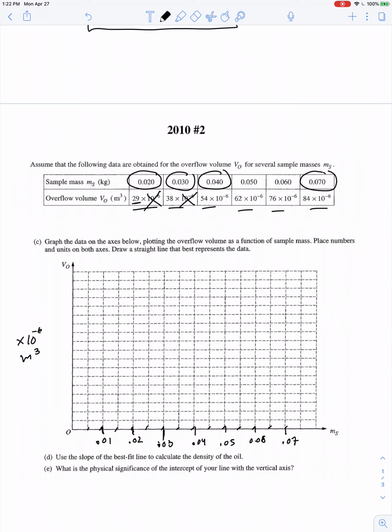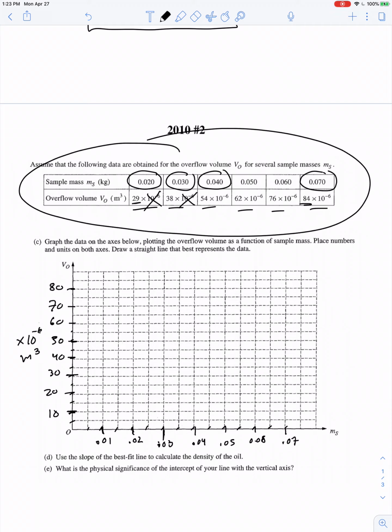We just need to go up to a maximum of 84. 1, 2, 3, 4, 5, 6, 7, 8, 9, 10. Okay, so again, let's let every 2 lines be worth 10. 10, 20, 30, 40, 50, 60, 70, 80. Yeah, get your own piece of graph paper and see if you can plot and get the same graph that I get.